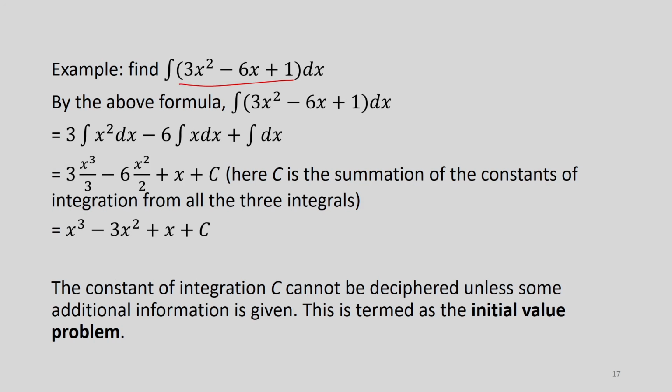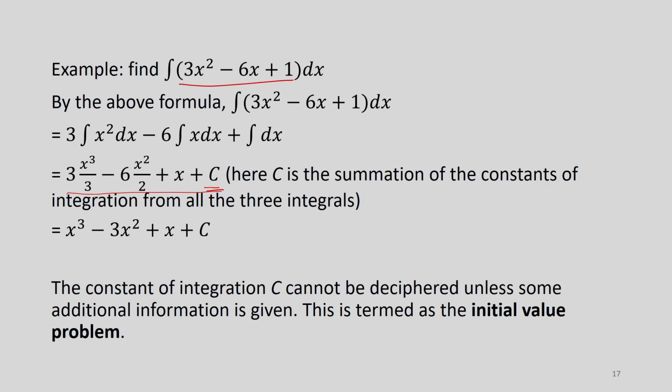So, 3 multiplied by the integration of x^2 dx, because 3 will come out, minus 6 multiplied by the integration of x dx, because minus 6 is coming out, plus just the integration of dx. And from here I get this expression: 3 multiplied by x^3 divided by 3, minus 6 x^2 divided by 2, plus x plus the constant term c.